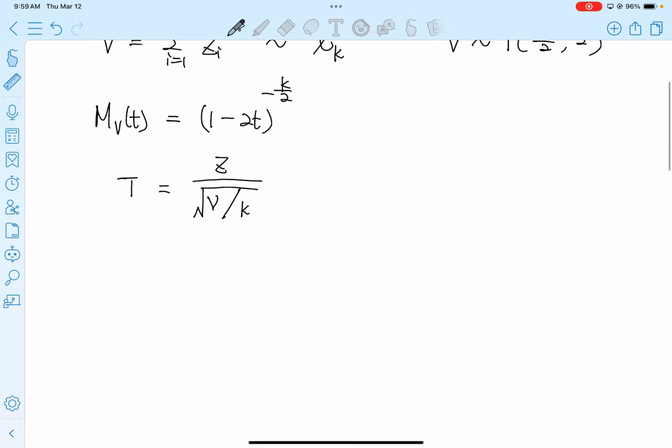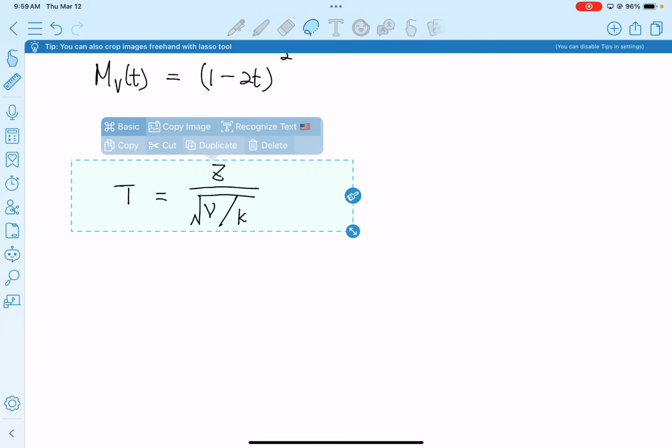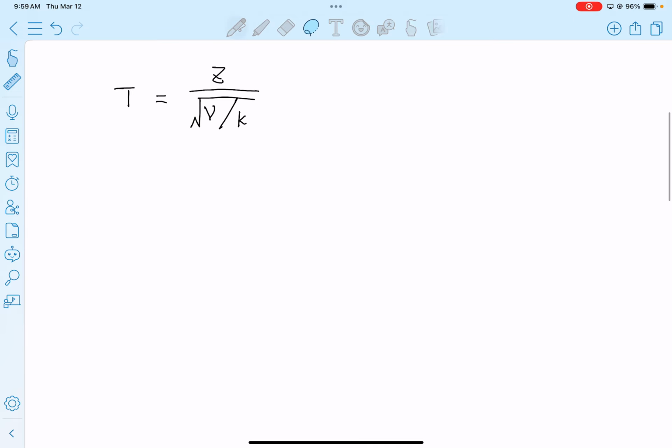Here Z follows a standard normal, and V follows the chi-square distribution that we just introduced. This is a new transformation, and I'm going to denote it by a capital letter T.